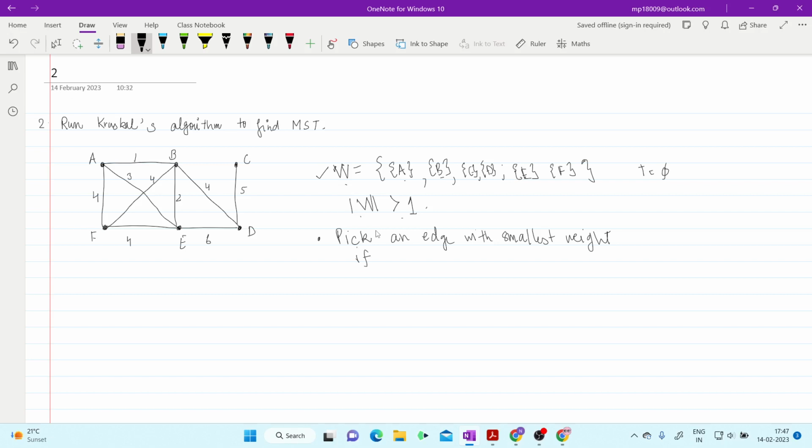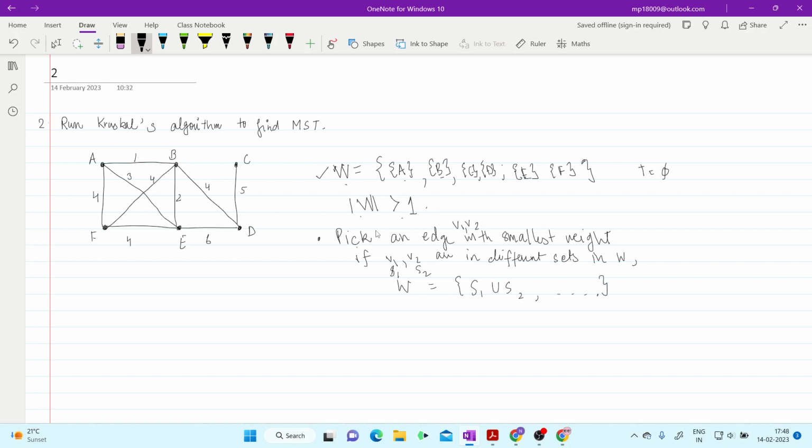If A and B are contained in different sets, then we accept that edge. So we pick an edge with smallest weight, suppose this edge is some V1V2, and if V1 and V2 are in different sets in W, we merge them: if V1 is in set S1 and V2 is in S2, we merge those sets, S1 union S2, and the rest remain the same.